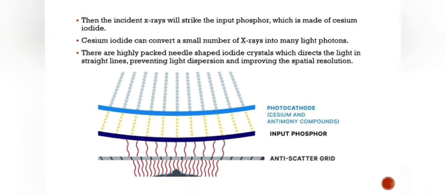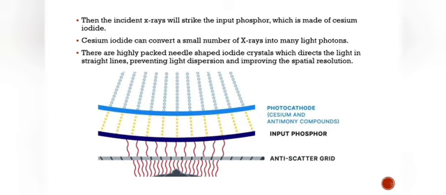Then the X-rays will strike the input phosphor. This input phosphor is made of a material called cesium iodide. This cesium iodide can convert a small number of X-rays into many light photons.